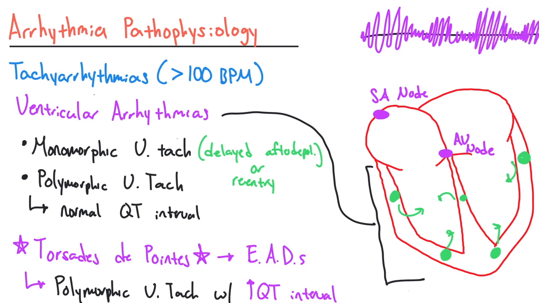Almost as if we have a ribbon that is being twisted around the central axis of this EKG, thus giving it its name, twisting of the points, or torsades de pointes. This can, as I'm sure you can imagine, rapidly degenerate into ventricular fibrillation with this really chaotic firing down here in the ventricles, which of course is deadly.